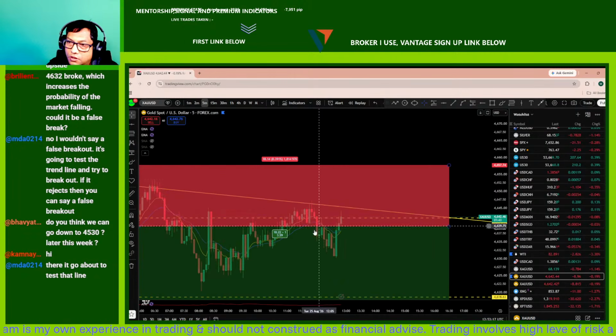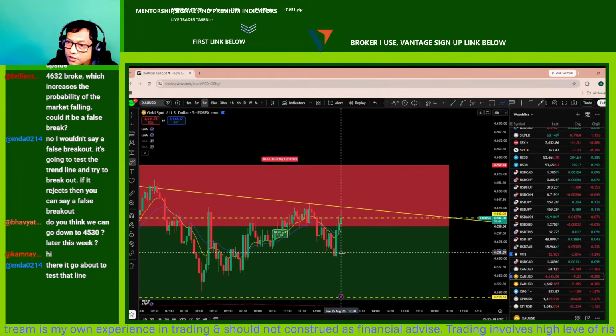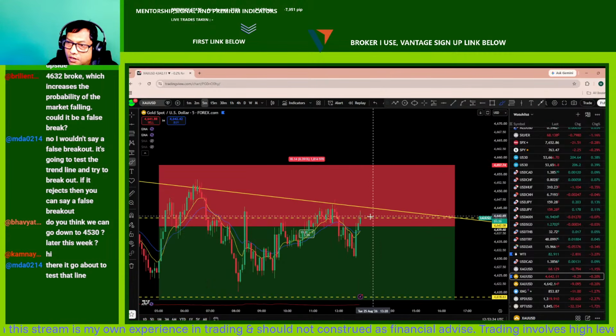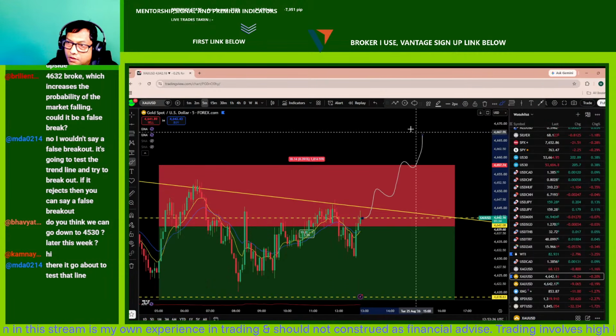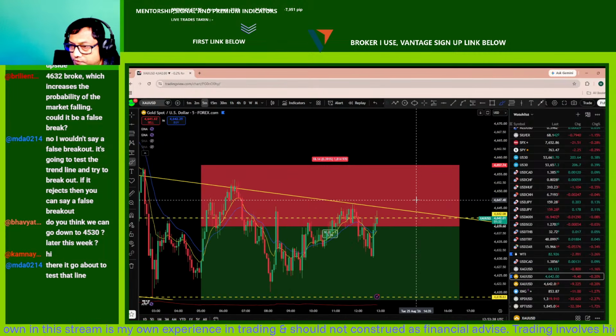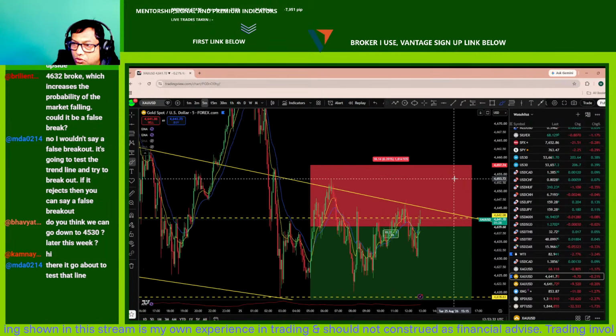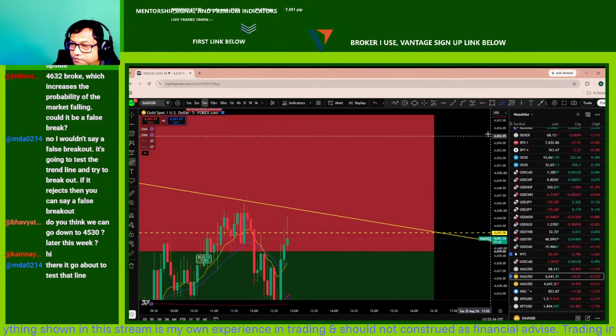From this support that you can see, there is a breakout, and that can create an uptrend to reach the previous resistance and also create a new higher high.